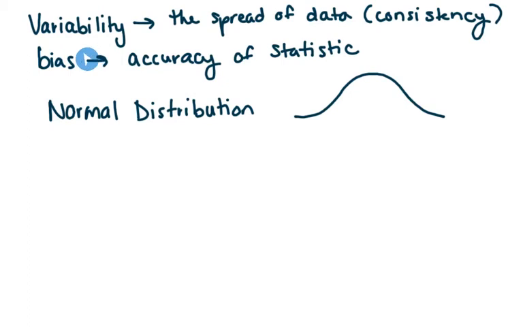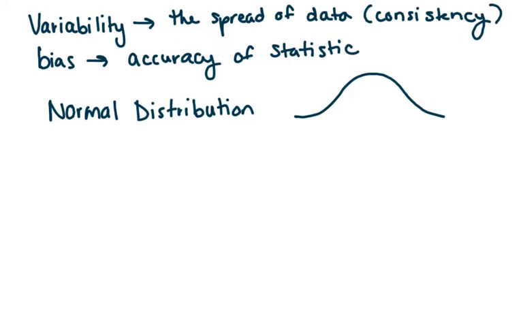Variability. Variability looks at the spread of your data. So like how consistent is your data. So variability has nothing to do with how accurate your statistic is, but it has everything to do with how consistent those data pieces are.